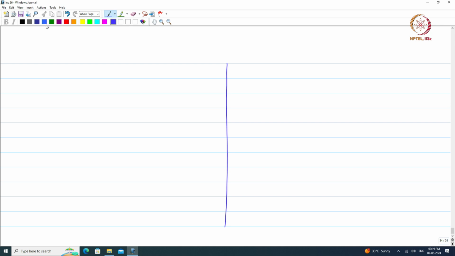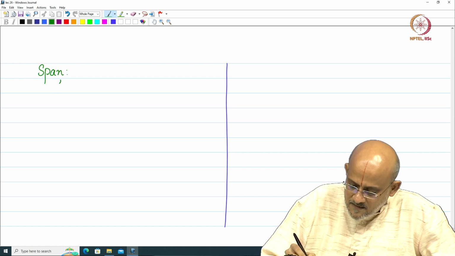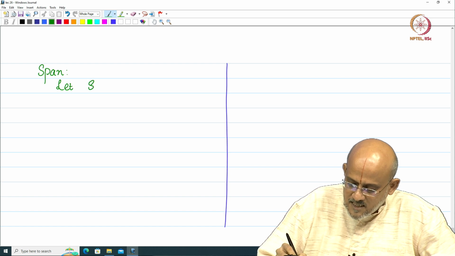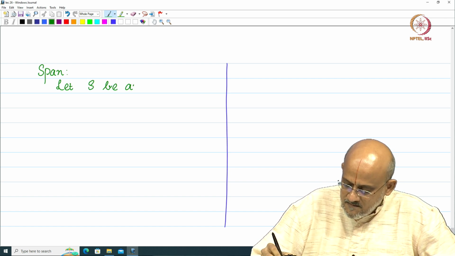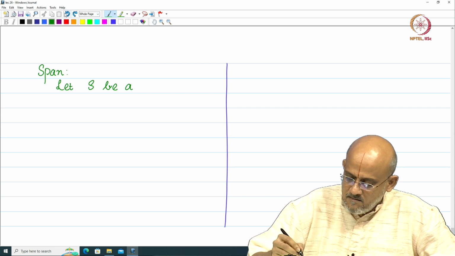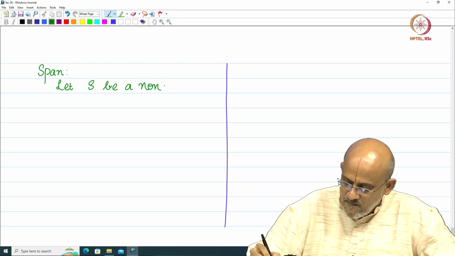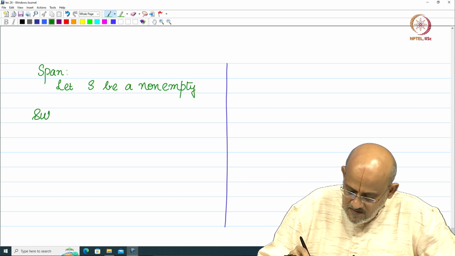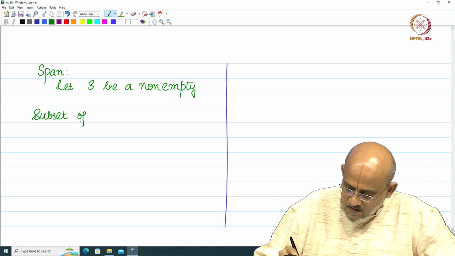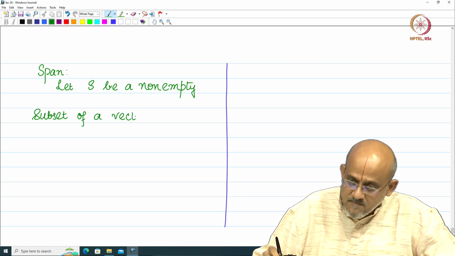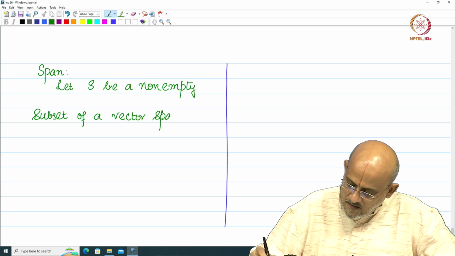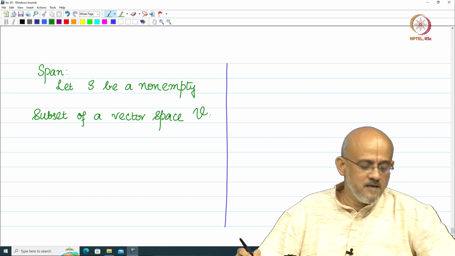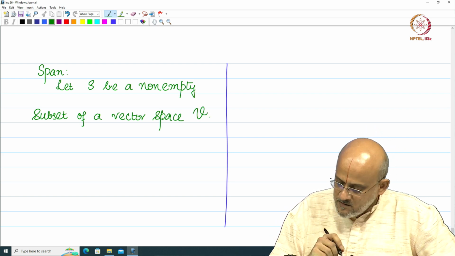The first thing that we want to look at is what we call the span of a set of vectors. Let S be a non-empty subset of a vector space V. Now, we want to define the span.